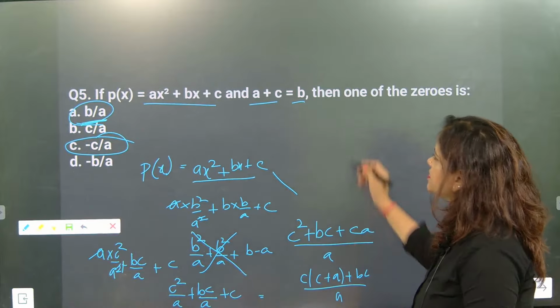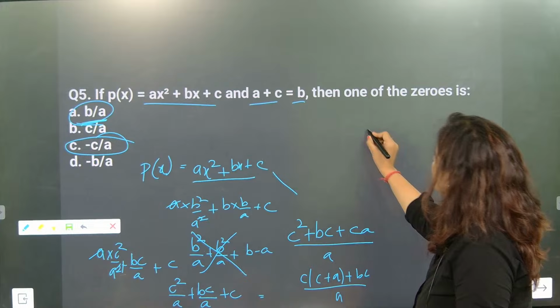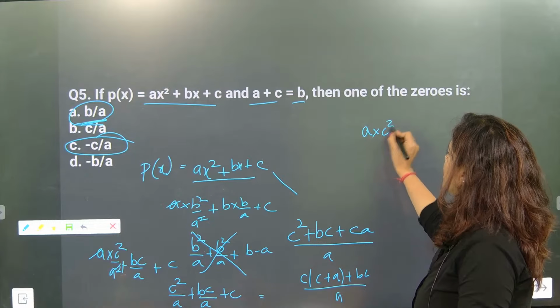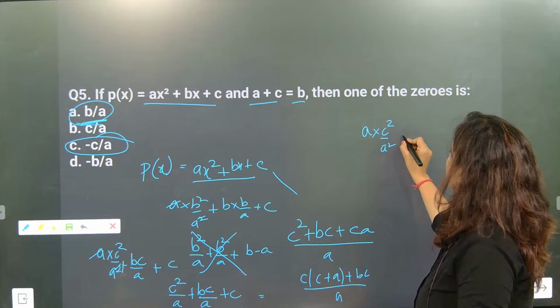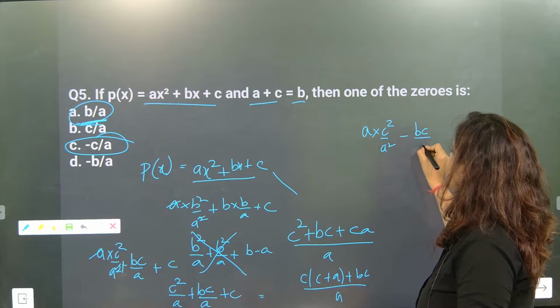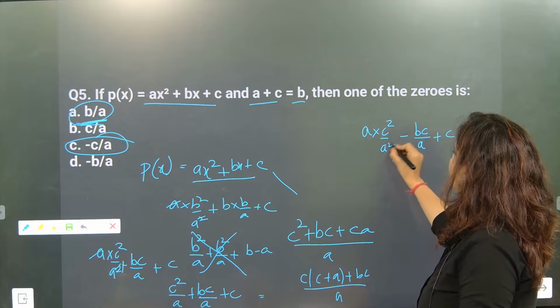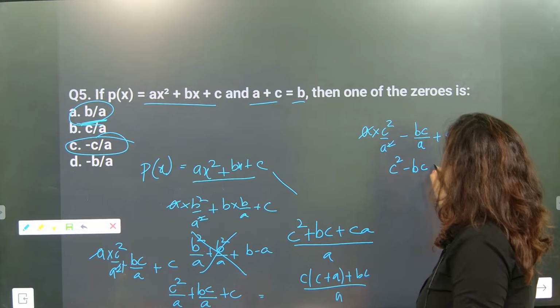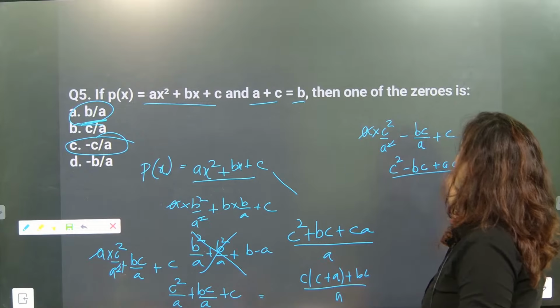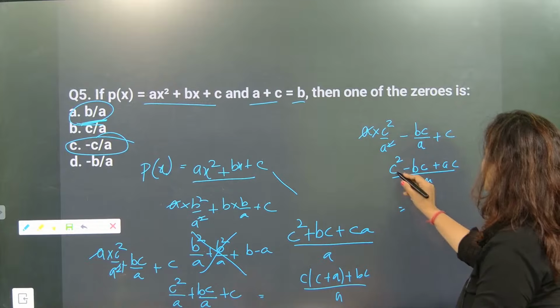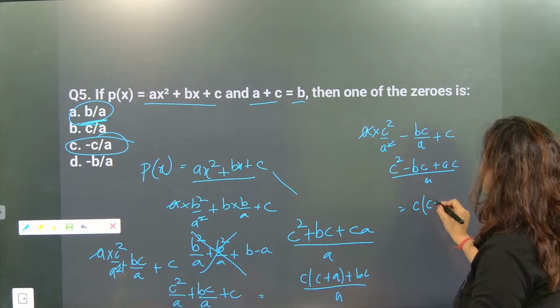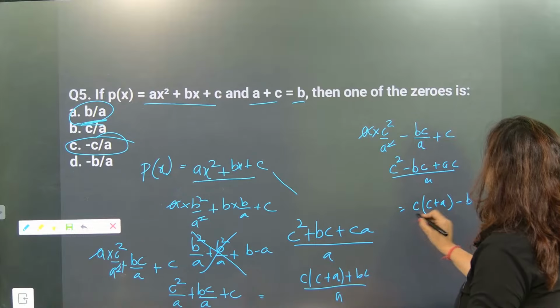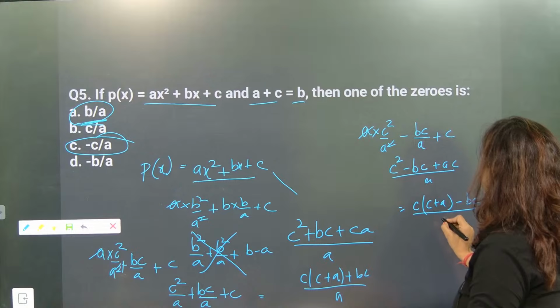In the same place, if minus c will be there, you see, now it is taking x square by a square. Now here it will become minus bc by a plus c. Because this and this will get cancelled, it is coming c square minus bc plus ac by a. Now here you take c common, it is coming as c plus a minus b by bc by a. Now this one is what, b.